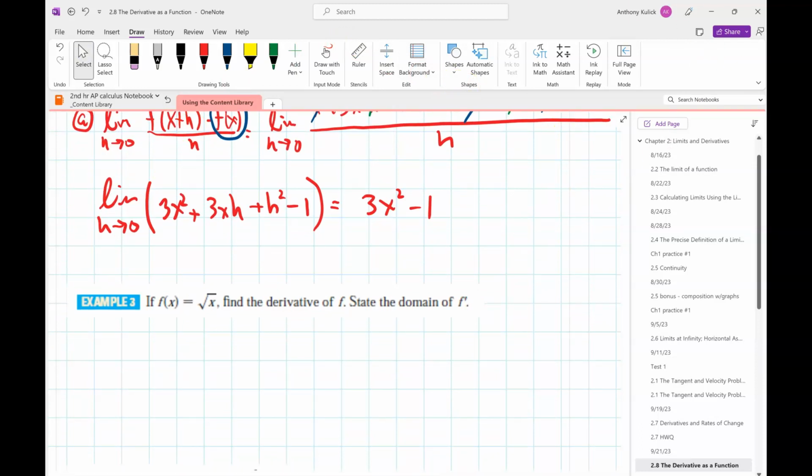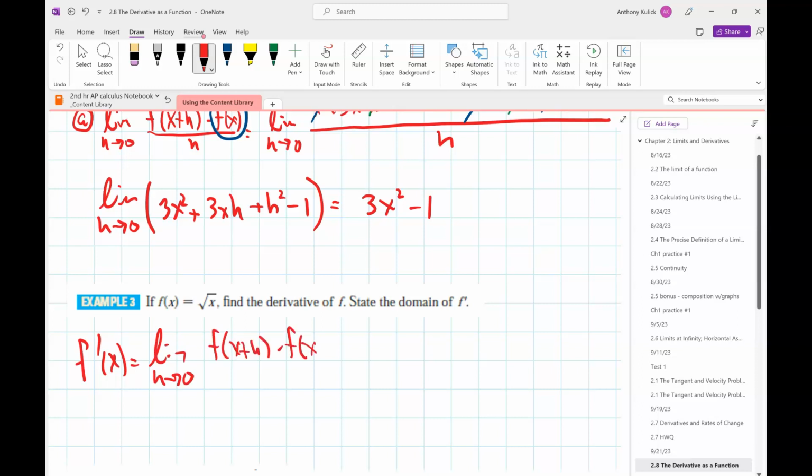Let's look at this next one. We have to do the derivative of the square root of x. And then it wants us to state the domain of f prime. So we'll start with f prime of x is equal to the limit as h approaches 0 of f of x plus h minus f of x all over h.